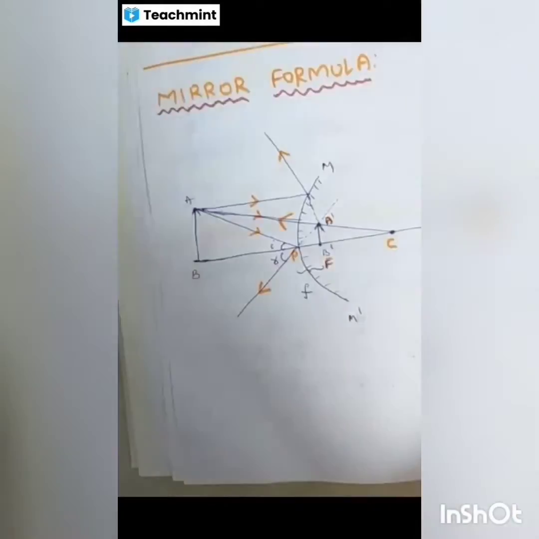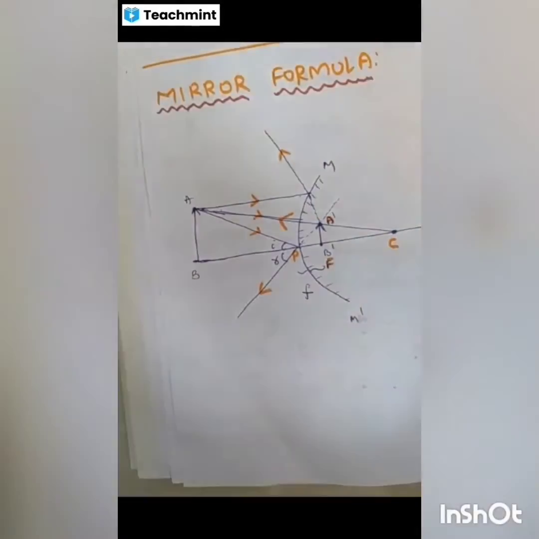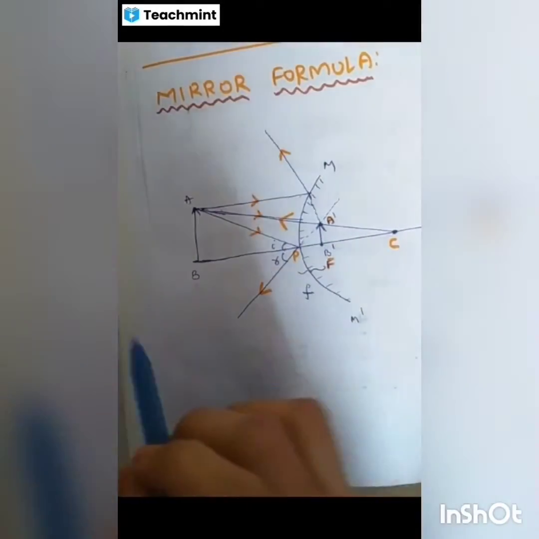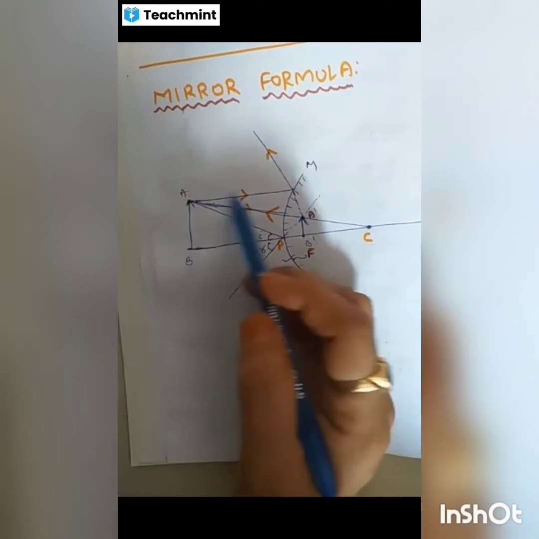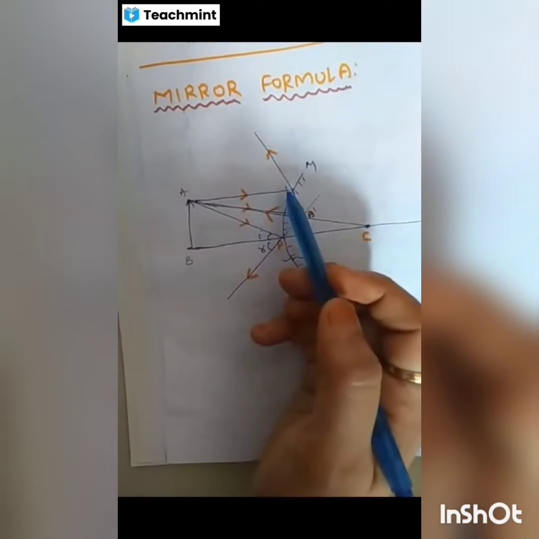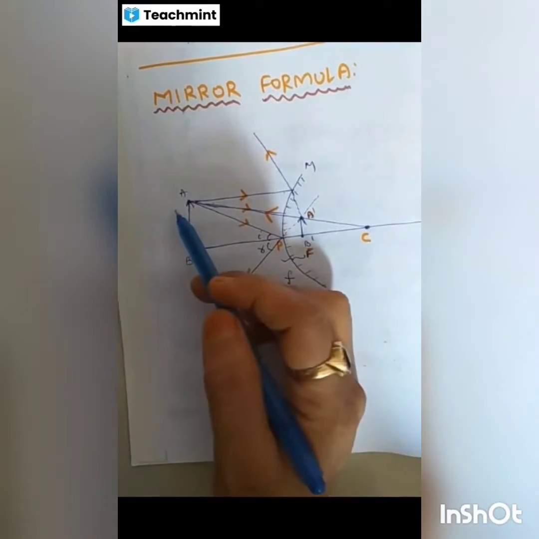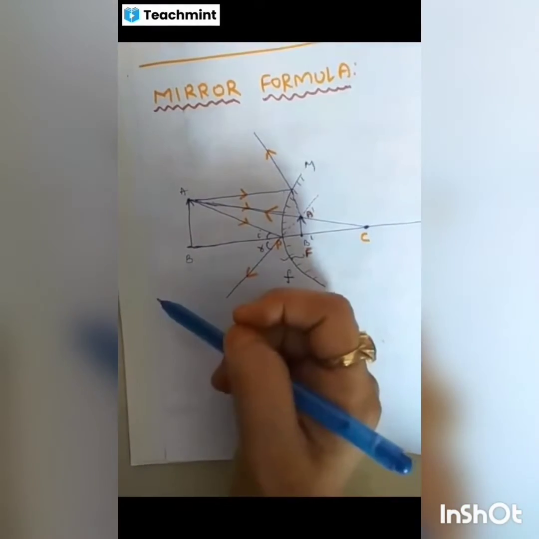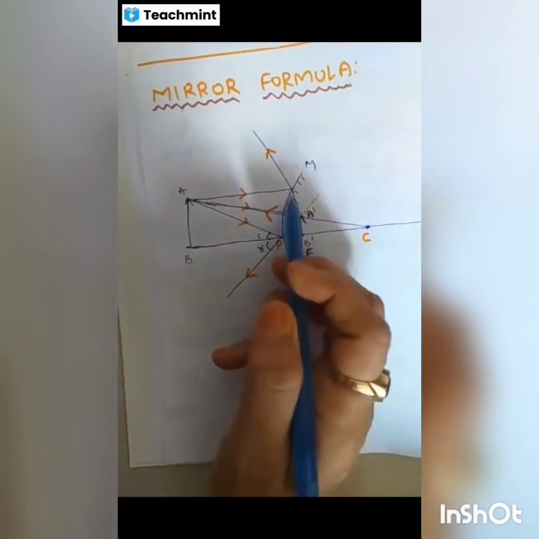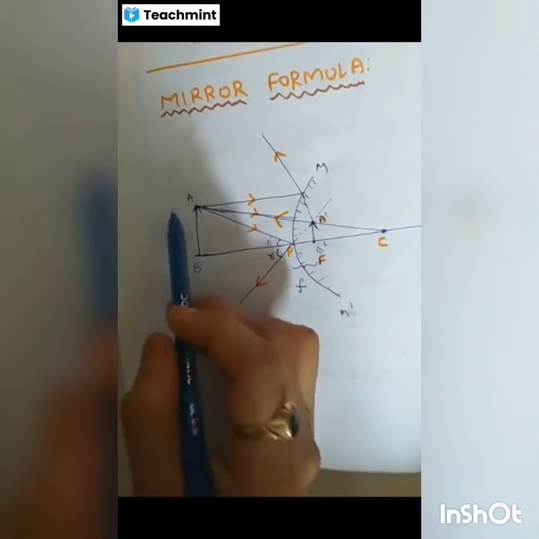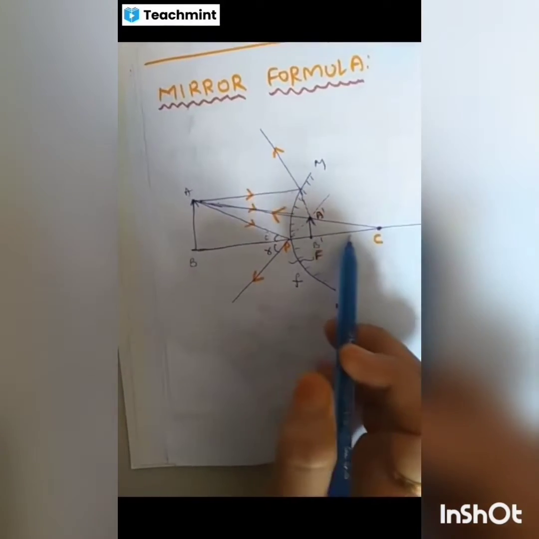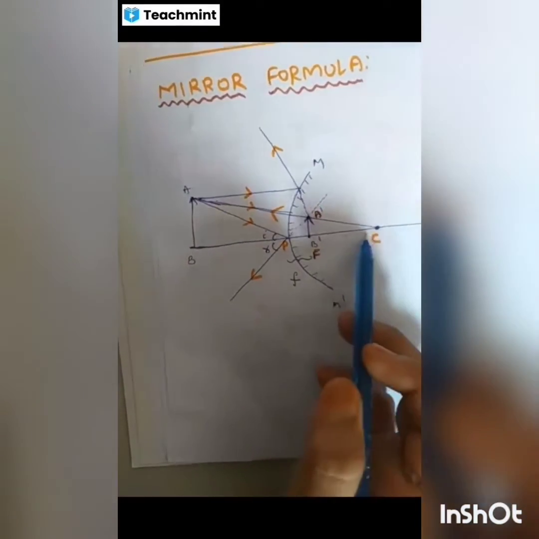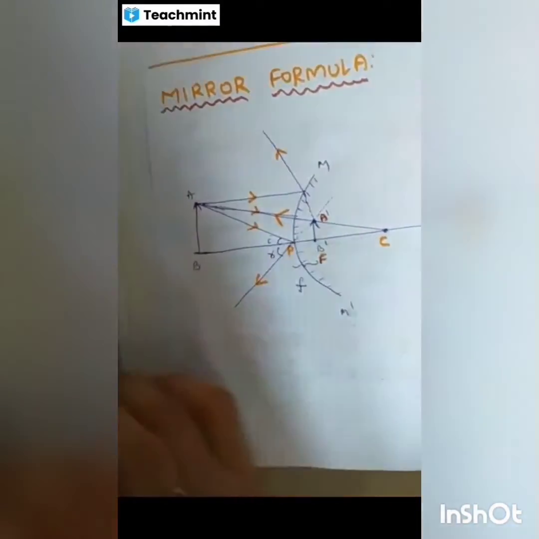Now we get the image, right? You have to write the total description, like a light ray from A incident at M, which is AM, from the object travels parallel to the principal axis, and it reflects like that only. AC, the incident ray incident at C, retraces the same path.